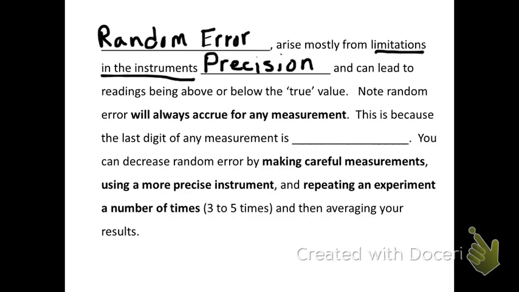Therefore, random error will always occur in any measurement. We can never, ever eliminate random error. And that's important to remember. Again, random error will always occur. Can't eliminate it. This is because the last digit of any measurement is always estimated.